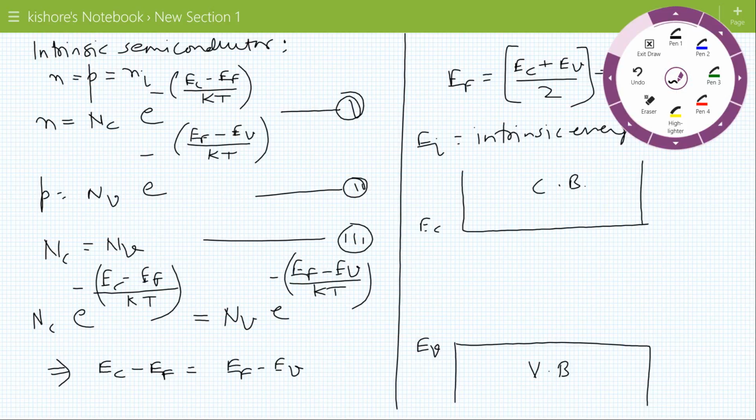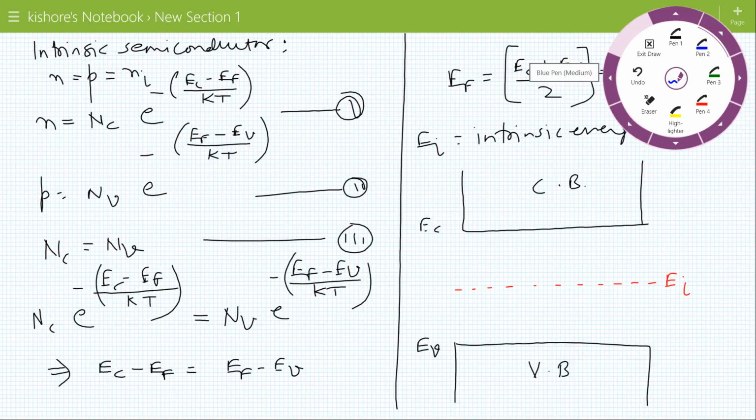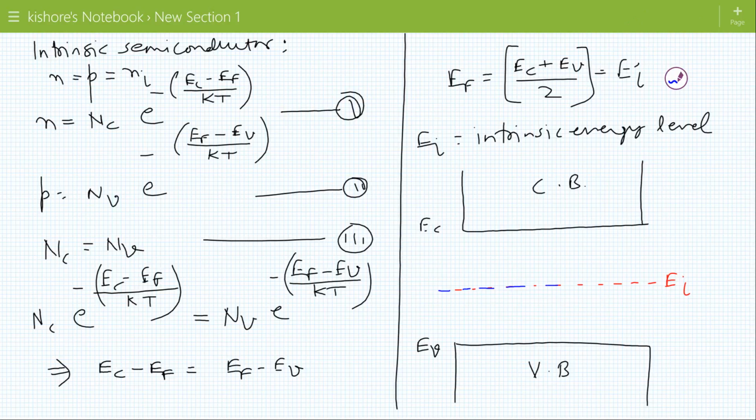Intrinsic energy level lies at the center of conduction and valence band, and in case of intrinsic semiconductor, Fermi energy level coincides with intrinsic energy level.